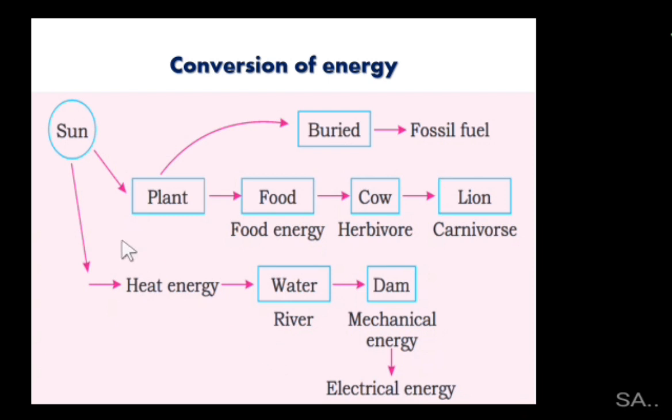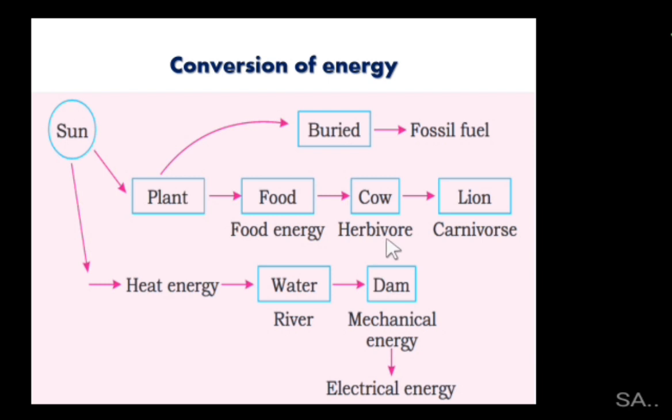So we'll first start with the plants. The light is actually absorbed by plants, and plants are producers. So they turn this light energy into chemical energy, and this is food. Now we have multiple consumers for the consumption of this chemical energy.